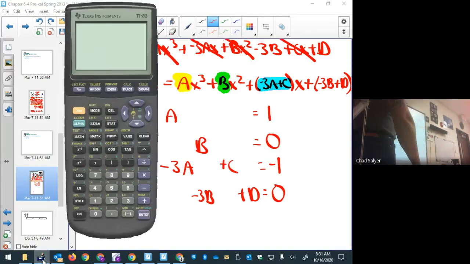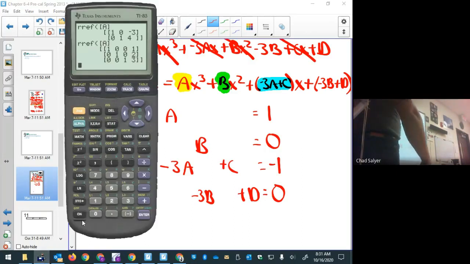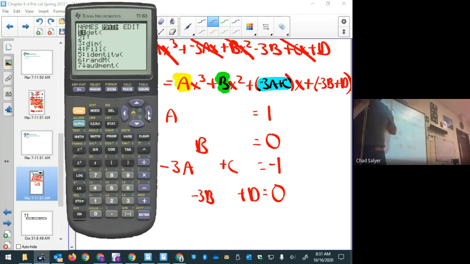We use the calculator, even though you should probably be able to figure that out by looking at it. So here we got 1, 2, 3, 4 rows, 1, 2, 3, 4, 5 columns. So 4 by 5.